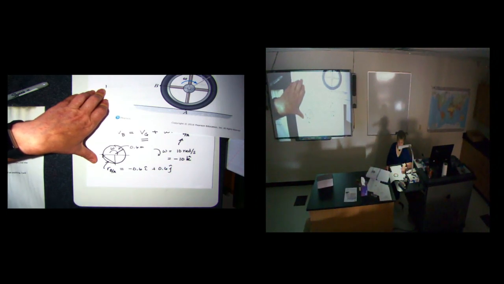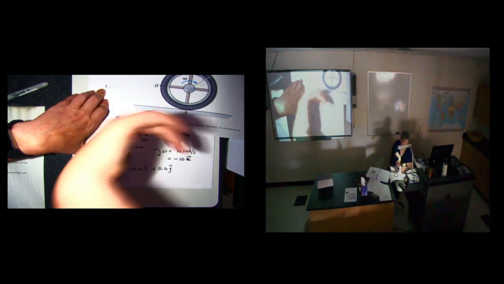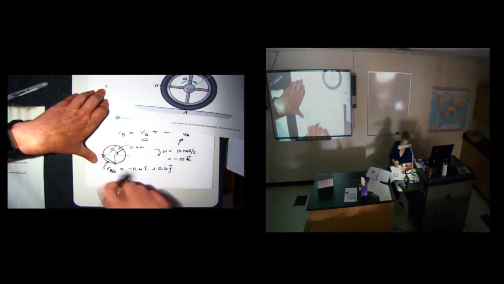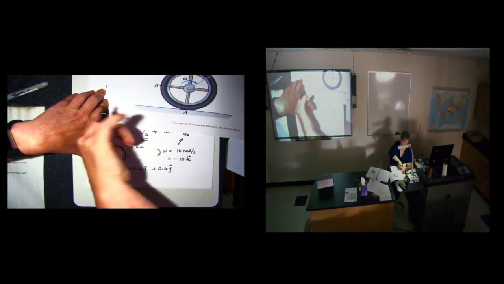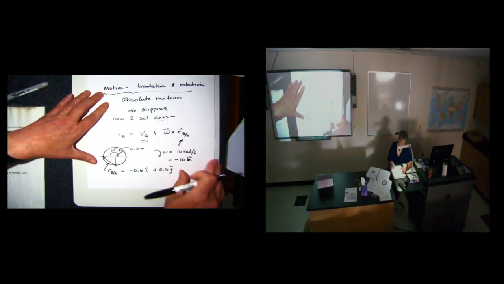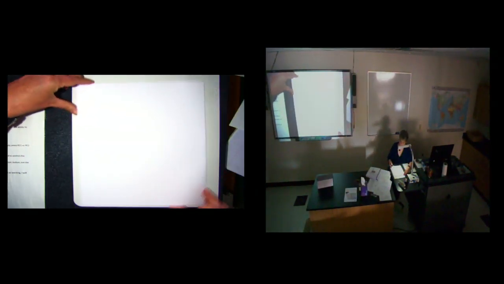Now in this case, how we've set the problem up, we are rolling without slipping, and I'm going to end up with my VG equal to 0.